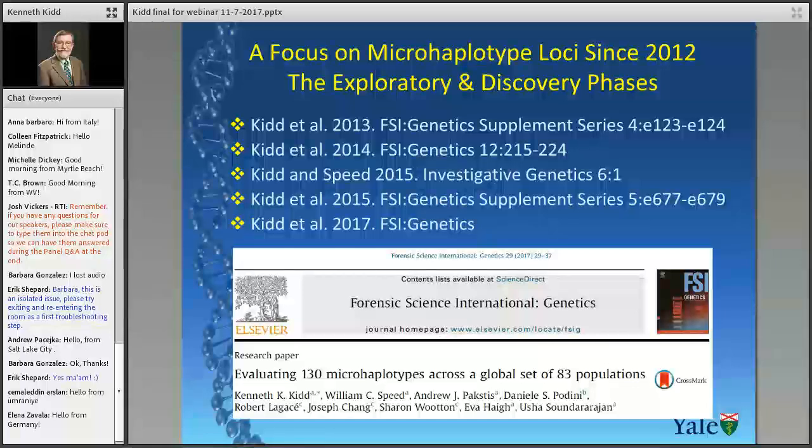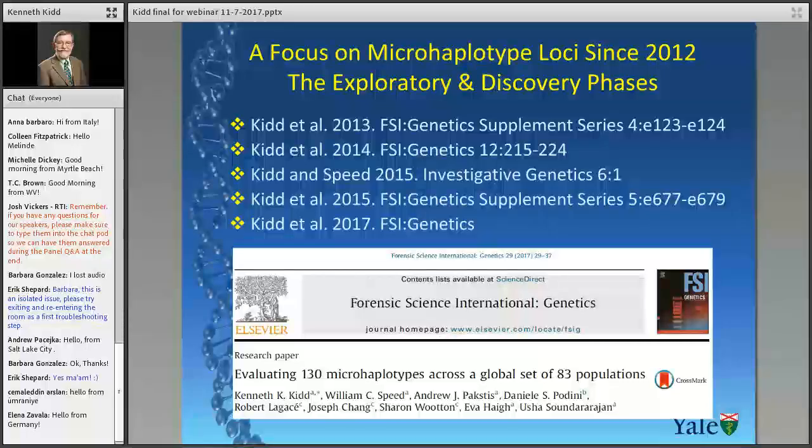So I became interested, and my lab got involved back in 2012 in what I'm going to call the exploratory and discovery phases.